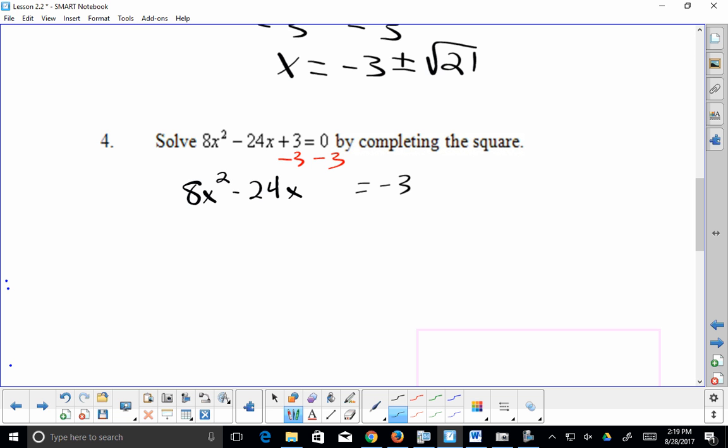I'm always going to leave space there for when I am actually completing the square. All right. So what's our next step then? Divide by 8. Yep, we want just 1x squared, so we need to get rid of that coefficient of 8.